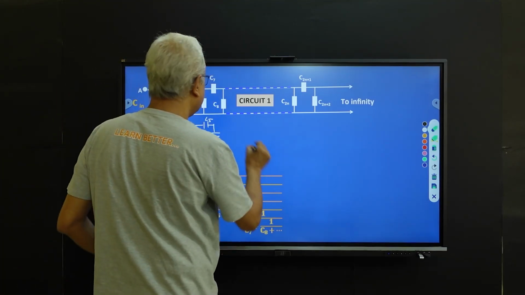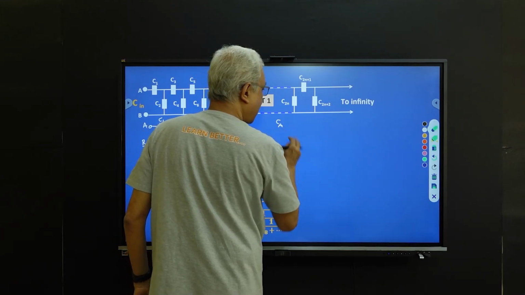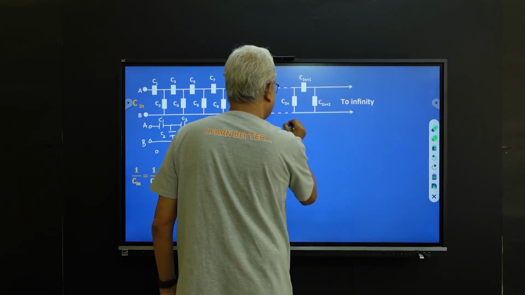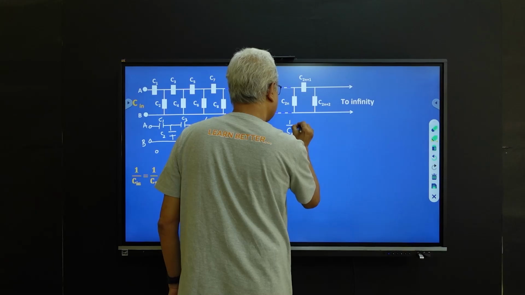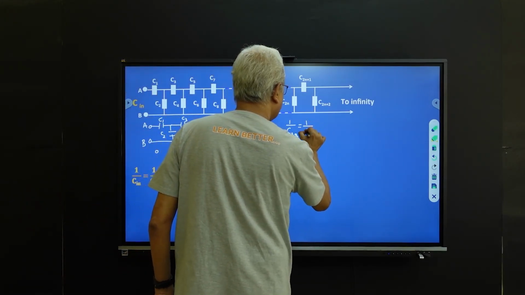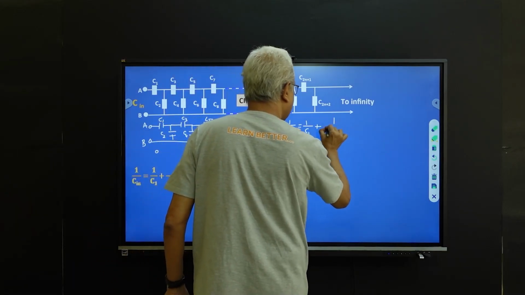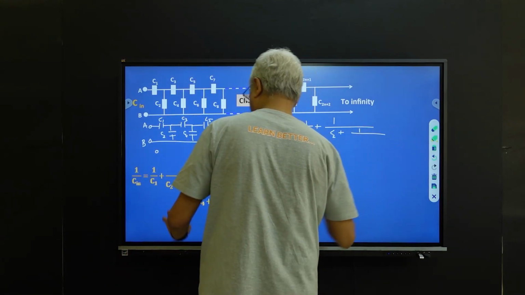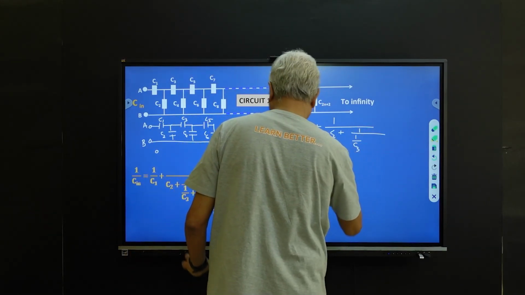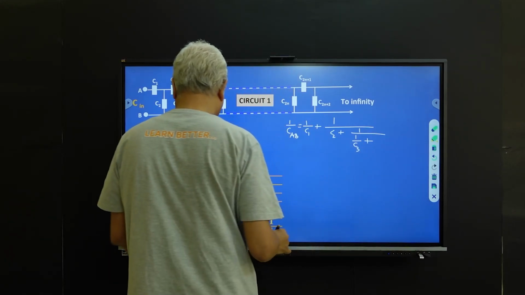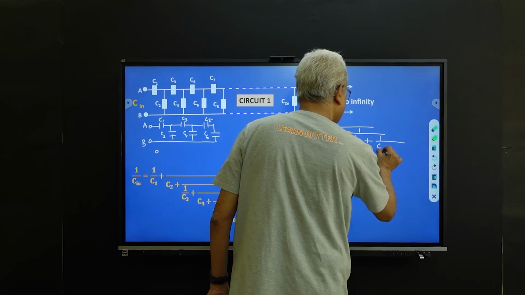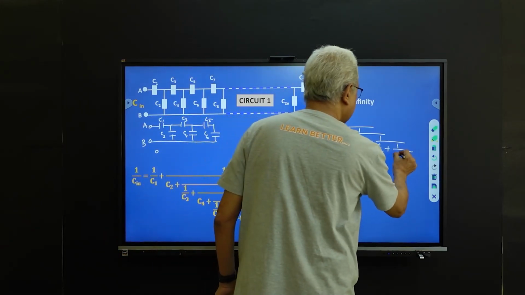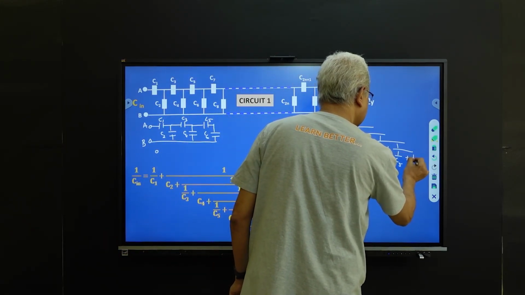For this circuit CAB, 1 by CAB will be given as, what we have just seen, 1 by C1 plus 1 by C2 plus 1 by C3 plus 1 by C4 plus 1 by C5 plus 1 by C6.